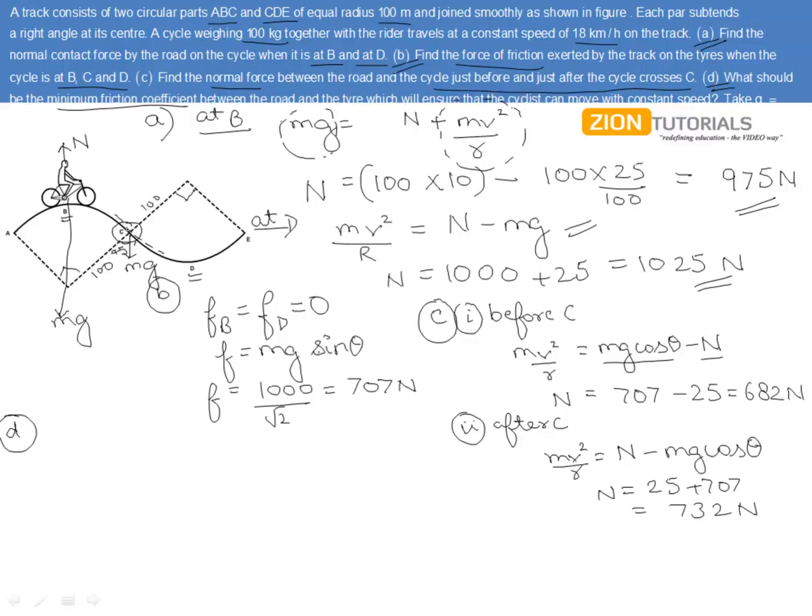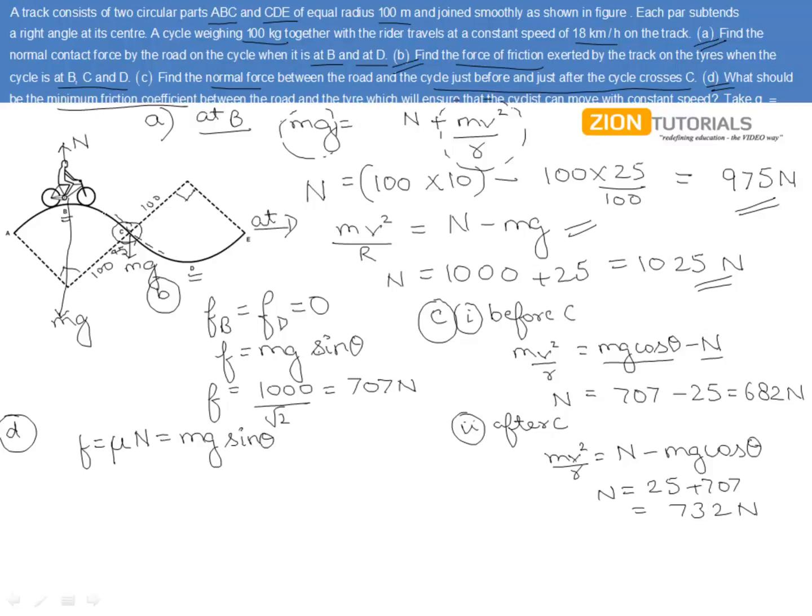So if the friction is able to balance this normal reaction, then obviously the other normal reactions will be balanced very easily, because the mg component will come to the rescue over there. Now here we have the minimum normal reaction. So we can write the frictional force, which is mu N, equals mg sine theta.